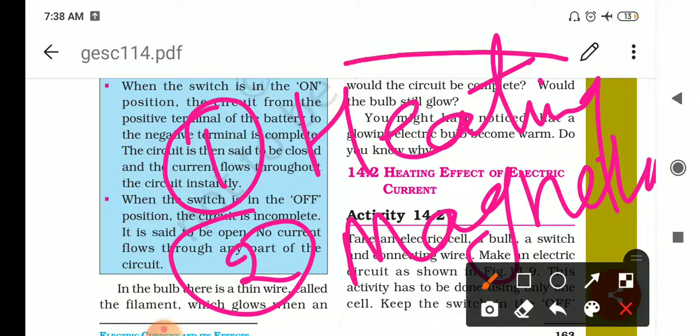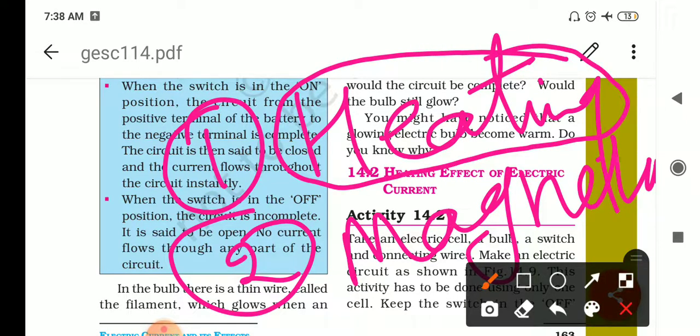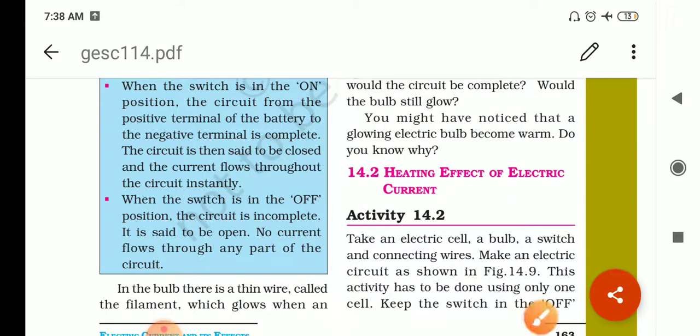Heating effect means when electricity flows in a circuit, heating takes place. And magnetic effect means when electricity flows through a circuit, then it causes a magnetic field around it, right? So these are the two effects. Then we will discuss them one by one.